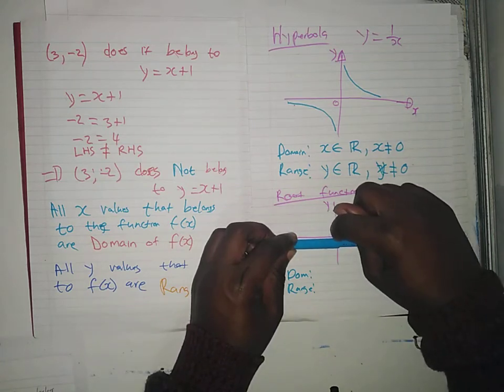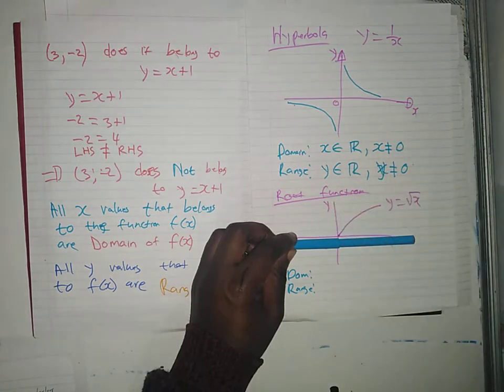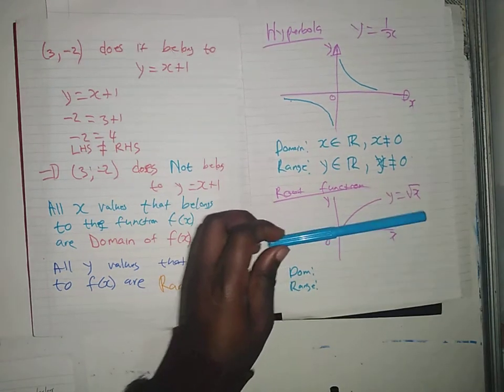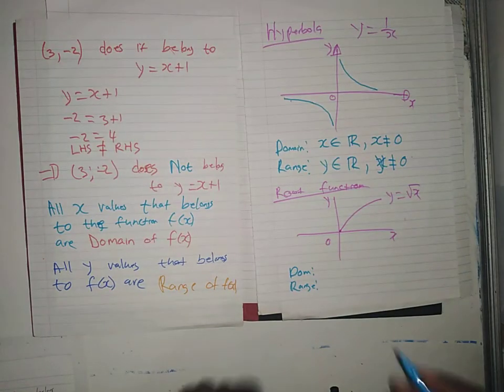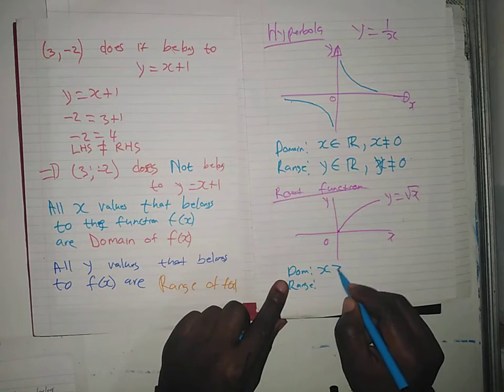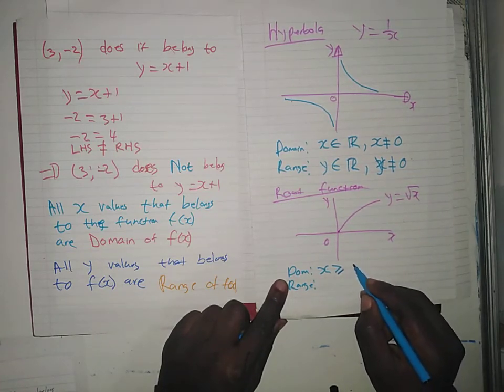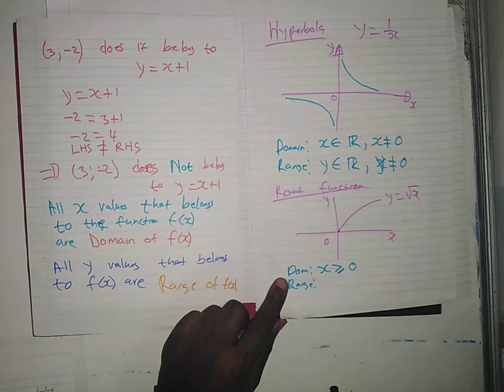But once you say minus 0.01, then it doesn't touch the graph anymore. So the domain here is x that is greater than or equal to 0, because we also include this one. Can you see that?